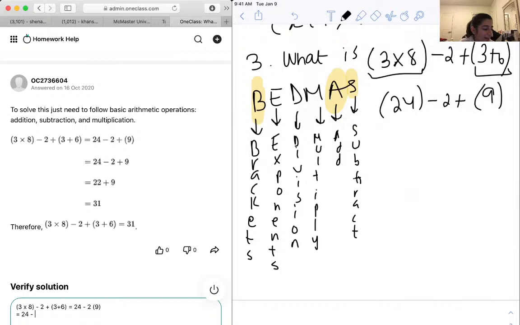So we're going to add first. So we're going to add these two terms first because they have the addition. So that would be 33 minus 2. And then we can subtract, and it'll be 31.